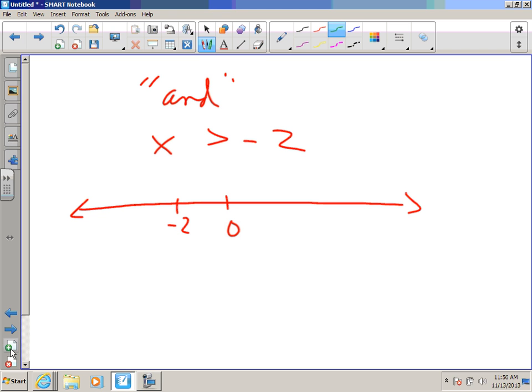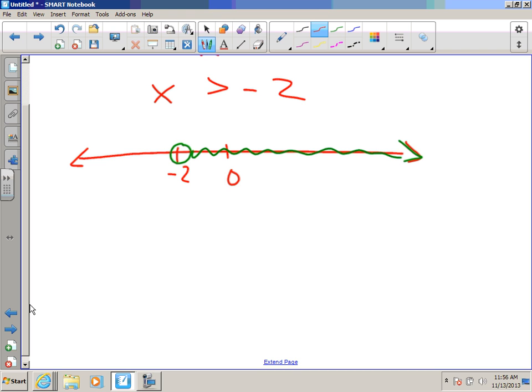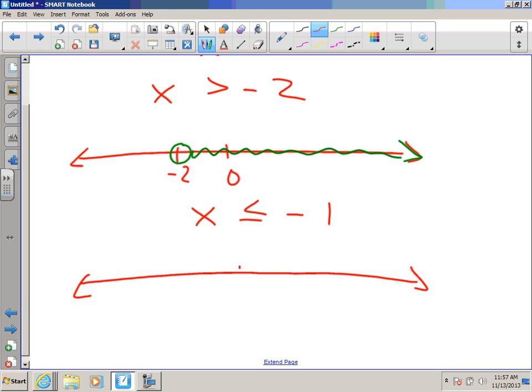Circle and shade it to the right. The next one is x is less than or equal to -1. We'll graph this. Less than or equal to would be a point and shaded to the left.